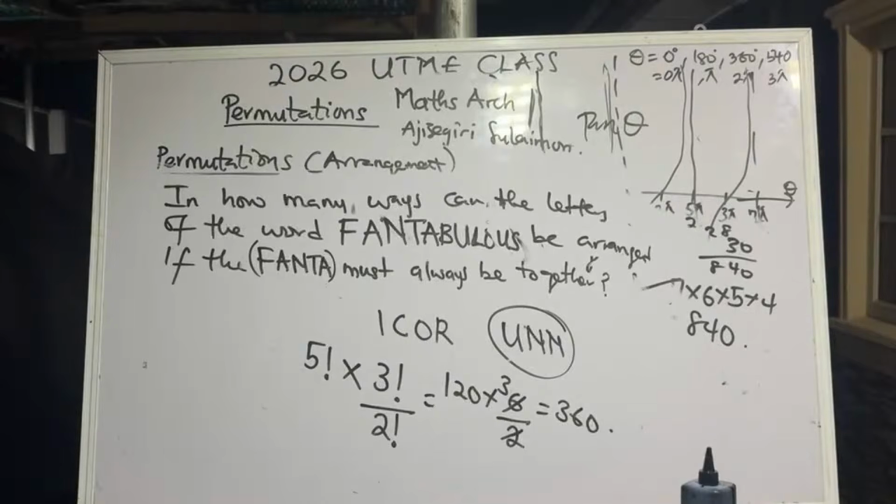Times 1 over 5 factorial. That's 120. Divided by 2. That's 60. 2,520 times 60. That's 151,200.